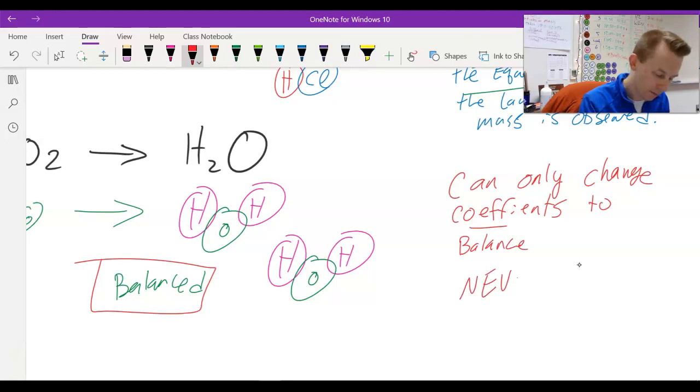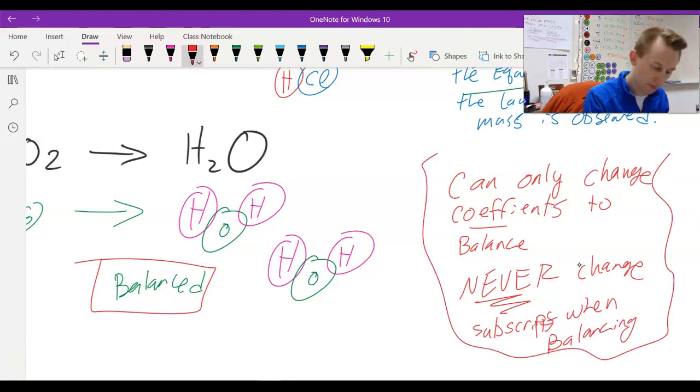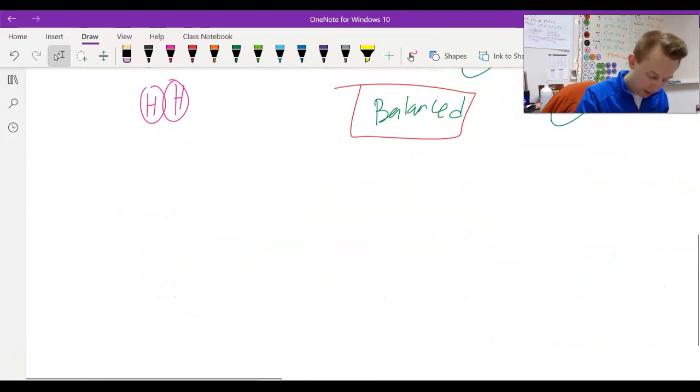Never change subscripts when balancing. Okay? Don't do it. Just don't do it. Alright, and then we've got one last one to end on, and then move on to the next video.